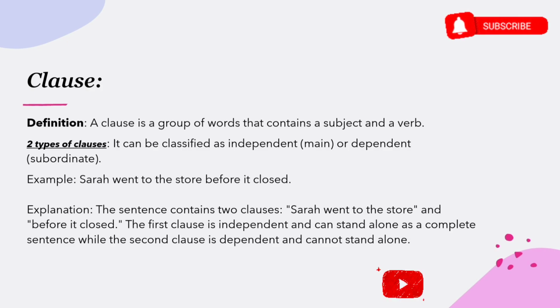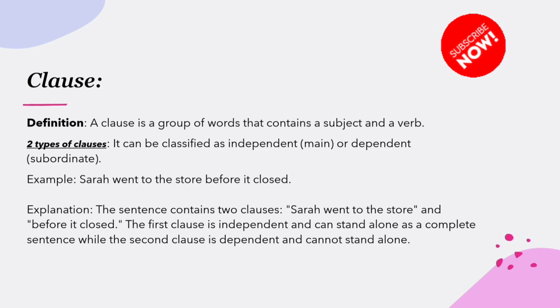A clause is defined as a group of words that gives a complete meaning and contains a subject and a verb. Now there are two types of clauses. These can be classified as independent or main, and dependent, which is the subordinate clause.